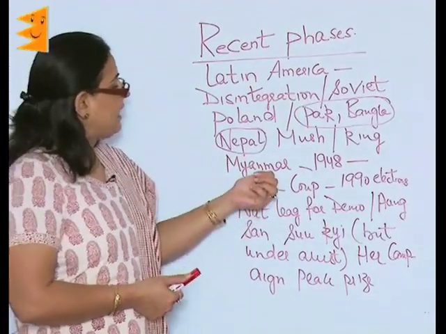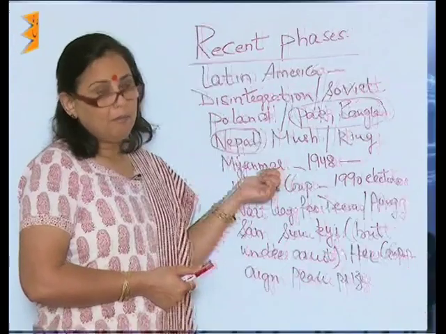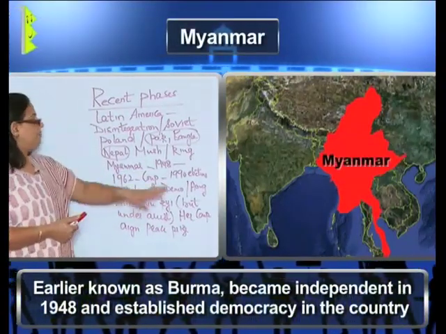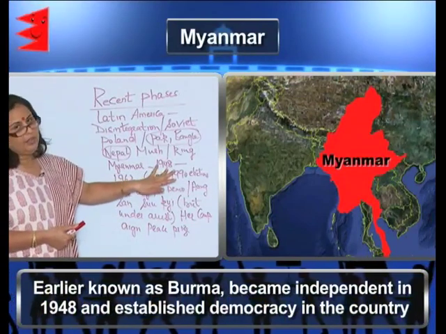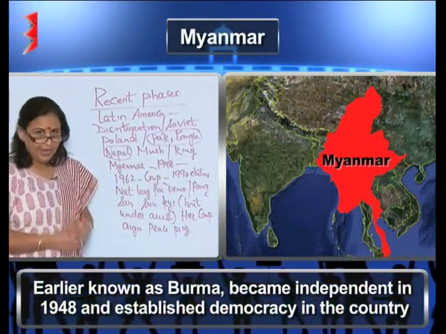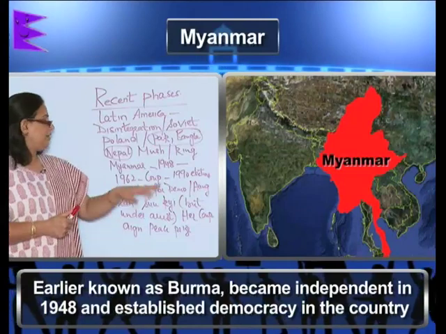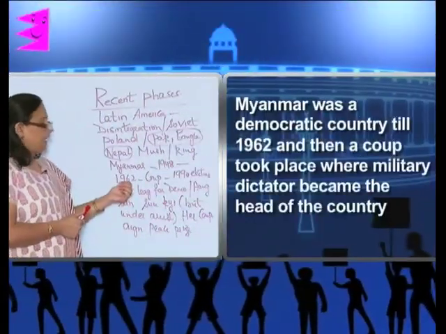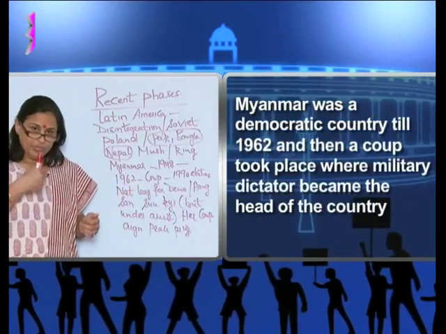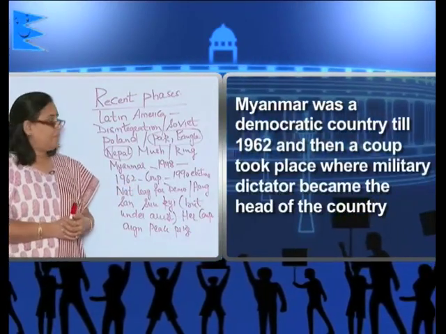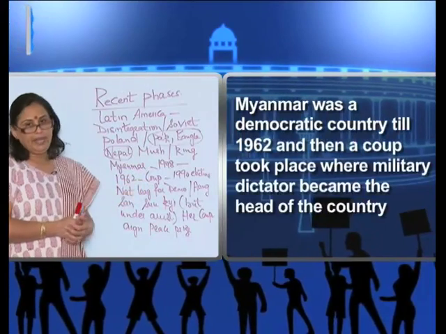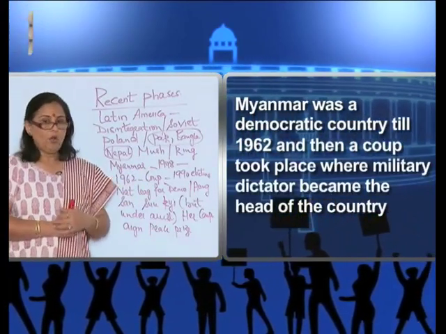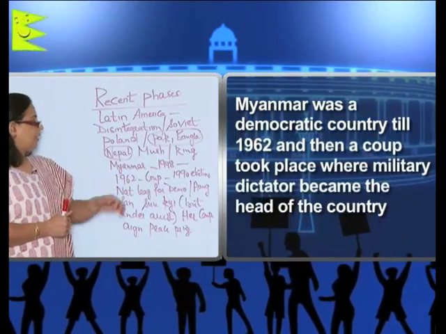If we take the example of one country, Myanmar, which was earlier called Burma, it became independent in the year 1948 and established democracy in the country. Till the year 1962, it was a democratic country, but then a coup took place and a military dictator became the head of the country.